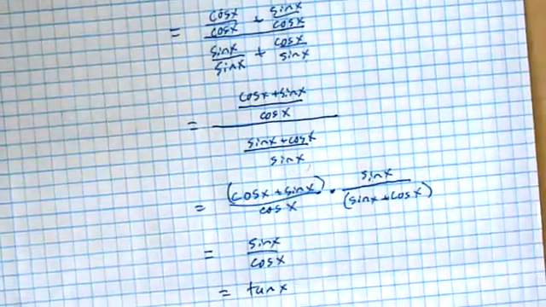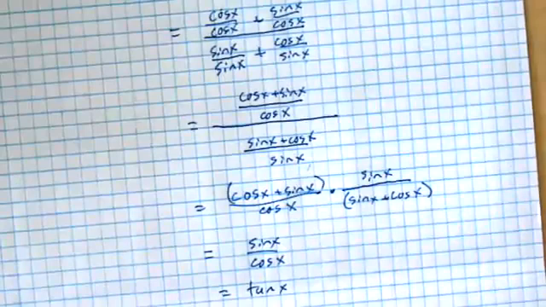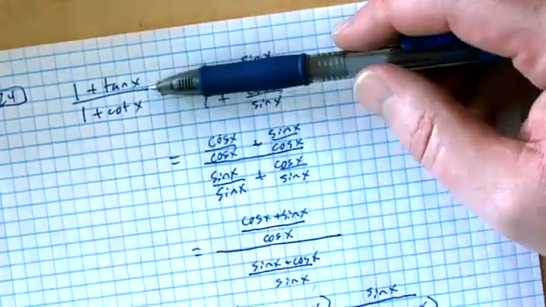Did anybody come to tangent for that in a friendlier way? How did you do it? I'm just curious. 1 plus tangent squared is equal to secant squared. Okay, interesting. We've got to be careful about that though, right? 1 plus tangent squared is equal to secant squared, but you can't just square root everything.